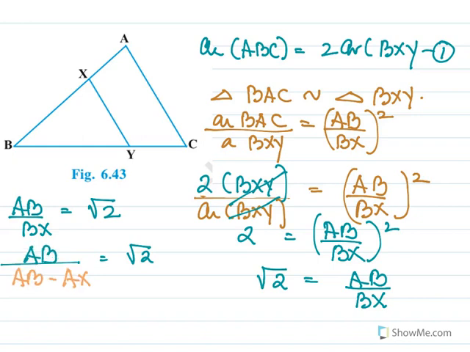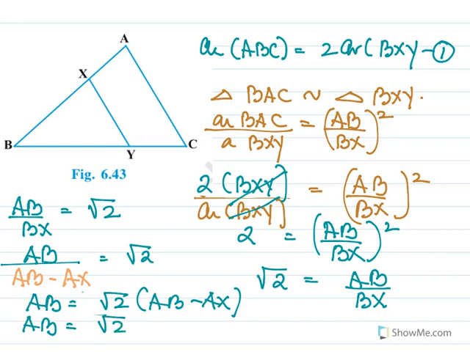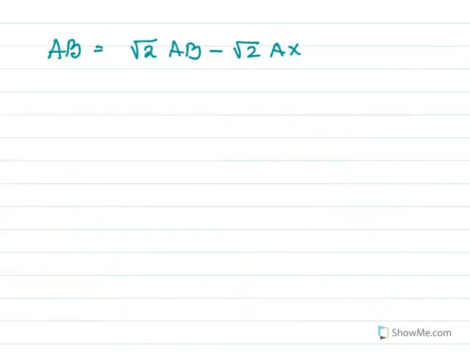Next, I could take invertendo, but I won't. I'll just cross multiply. So I have AB equal to root 2 times AB minus AX. I open the bracket: AB equal to root 2 AB minus root 2 AX.